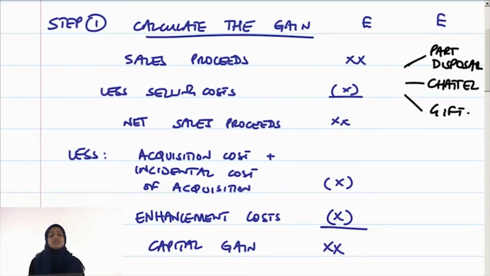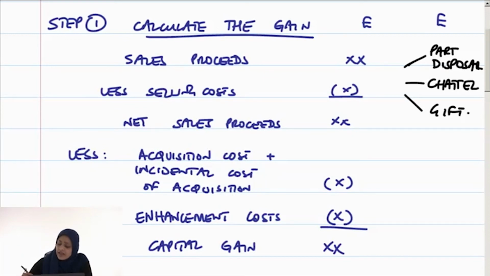And the same would be the scenario if he sells the item at less than market value. When you have a sale which is at less than market value, this is known as a sale at an undervalue. A sale at an undervalue is treated as a gift, and a gift is deemed disposal at market value.